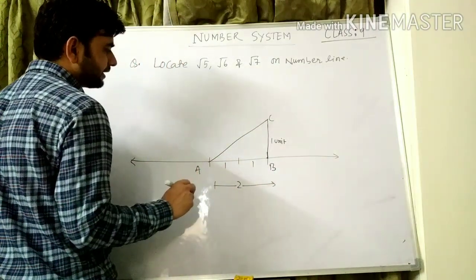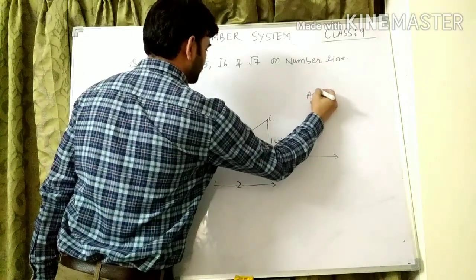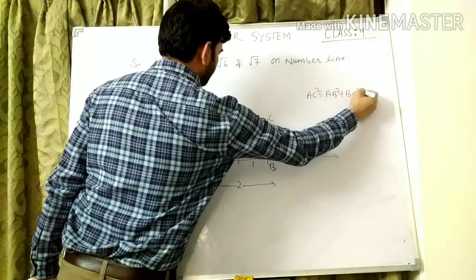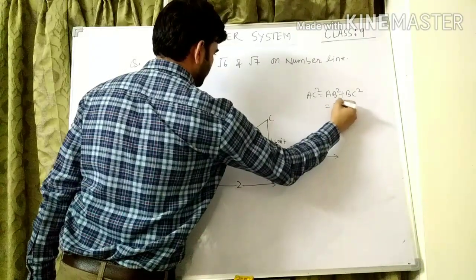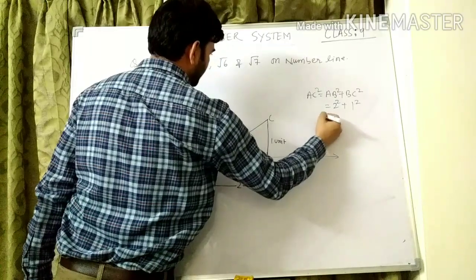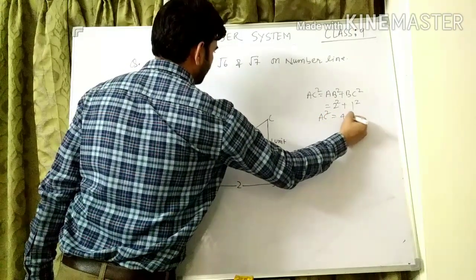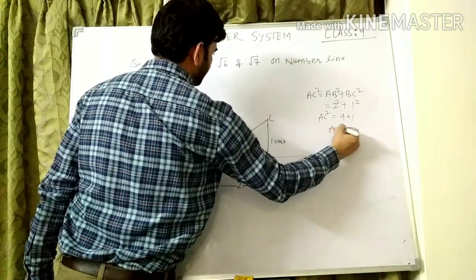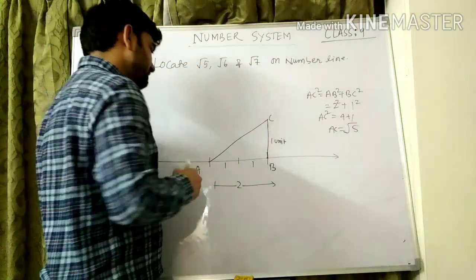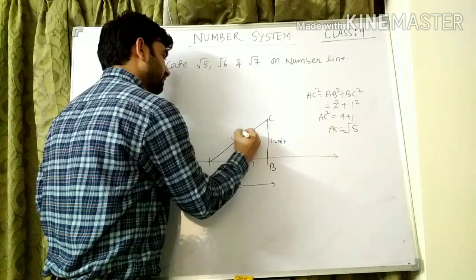After calculating here, AC square is equal to AB square plus BC square. 2 square is 4, and BC square is 1. So AC square is equal to 4 plus 1, that is AC is equal to root over 5. So here this length we got is root over 5.